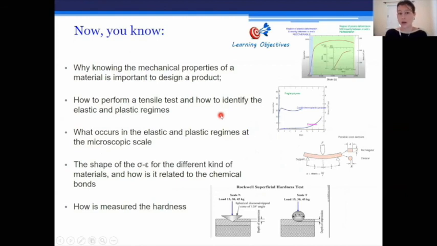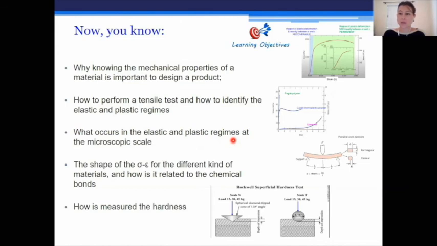Okay, so now you know why knowing the mechanical properties of a material is important to design a product, how to perform a tensile test, and how to identify the elastic and plastic regimes. You know what occurs in the elastic and plastic regimes at the microscopic scale, when we were talking about the force of bonding, and also dislocation, and also the alignment of the polymeric chains. That enables us to explain what is occurring in the elastic and plastic regimes in each class of materials.